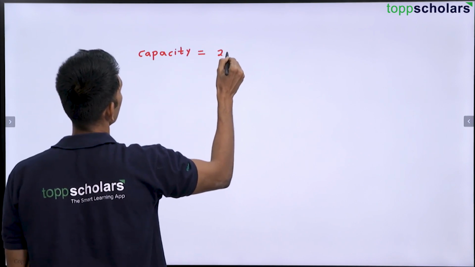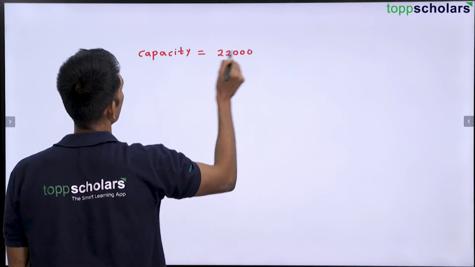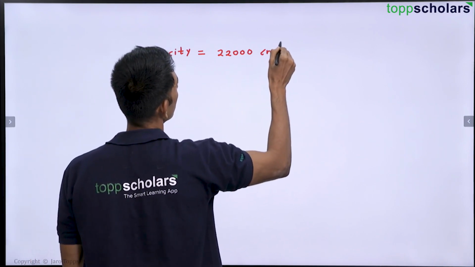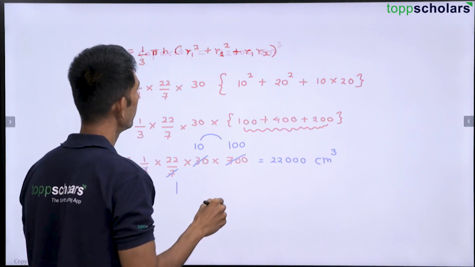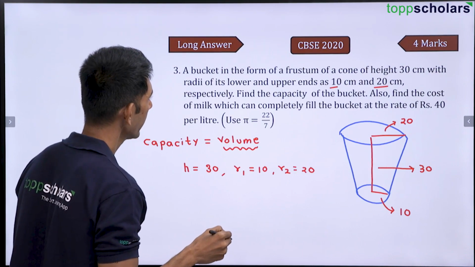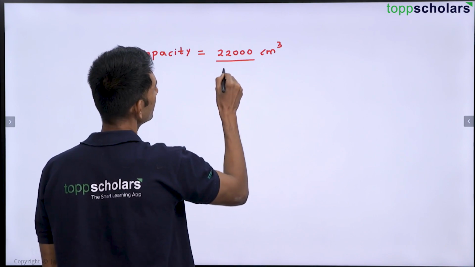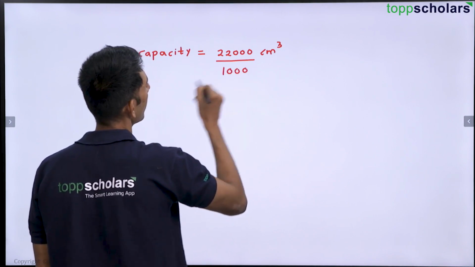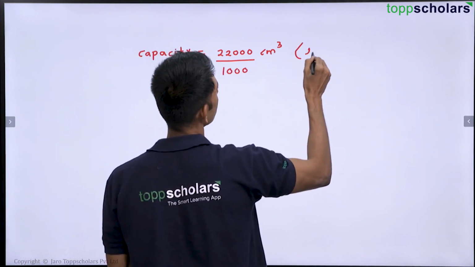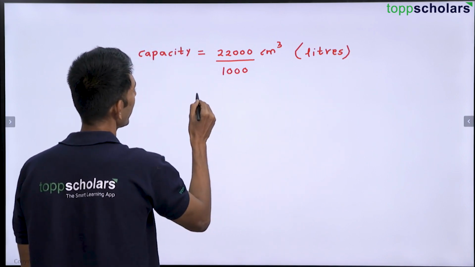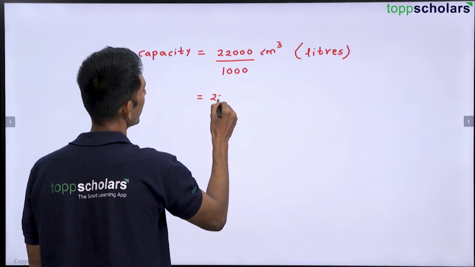Capacity is 22,000 centimeter cube, correct? And if I divide this by 1000, I'll get the value in liters, isn't it? So I get the capacity as 22 liters.